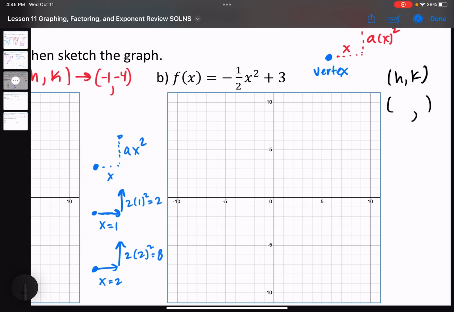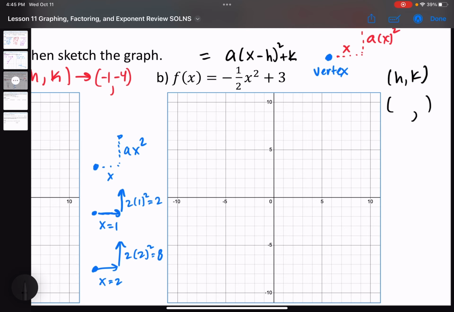If we said that f of x or y is equal to a times x minus h squared plus k, what would our h value be?